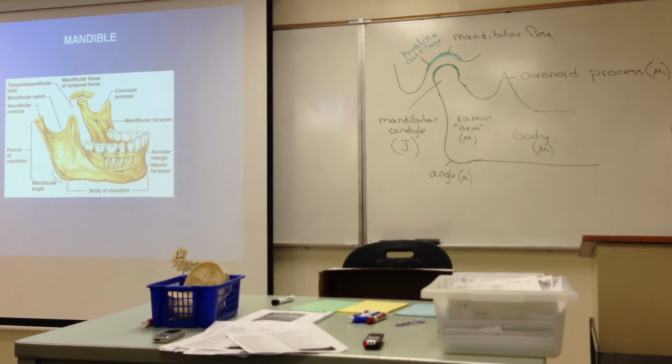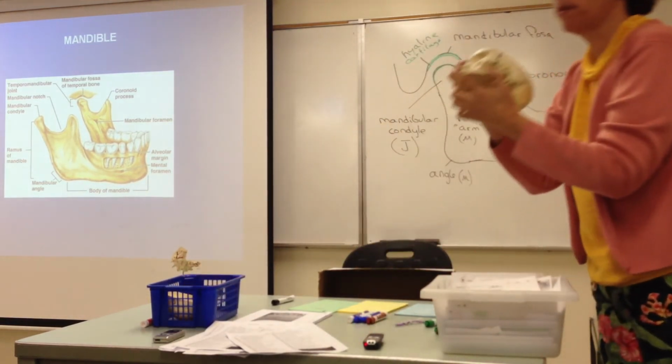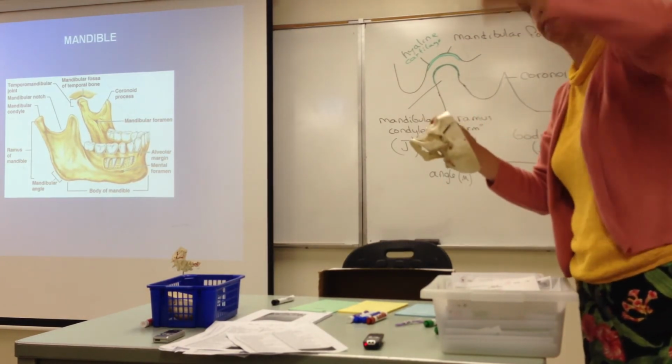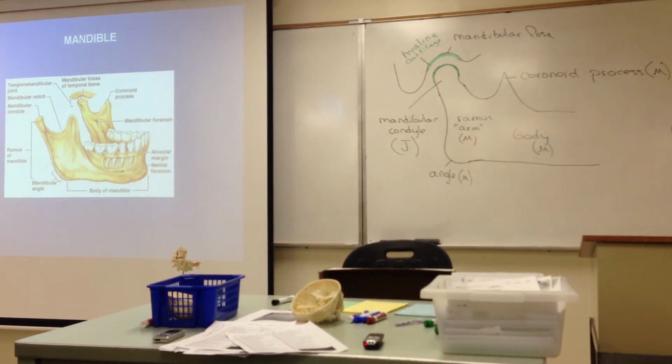So glossus is tongue, so we start connecting these structures. Where is that? It's this part right here, just where you have that bend of the mandible.